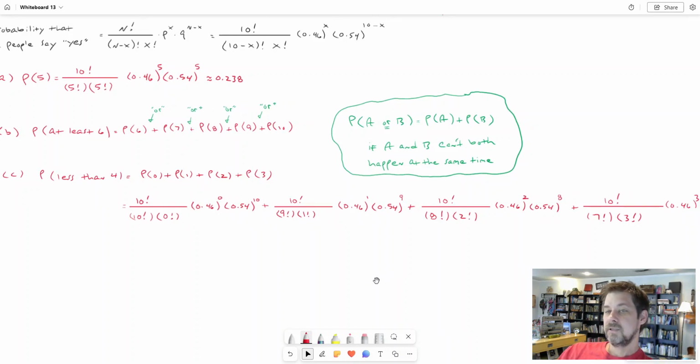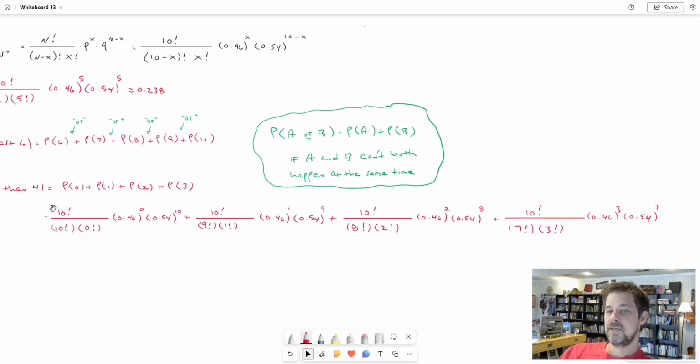So now what I'm going to do is evaluate this formula with a 0 for the x, with a 1, with a 2, and with a 3, and you see all this. So like I was saying in part B, I'd have to work each of these out and add them together, and that's hard to do.